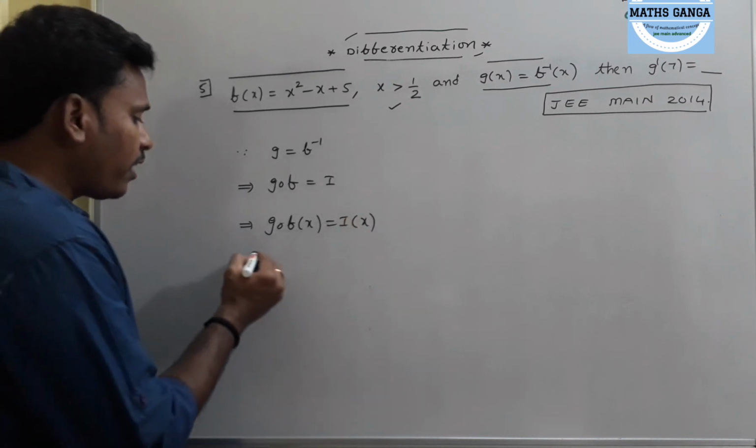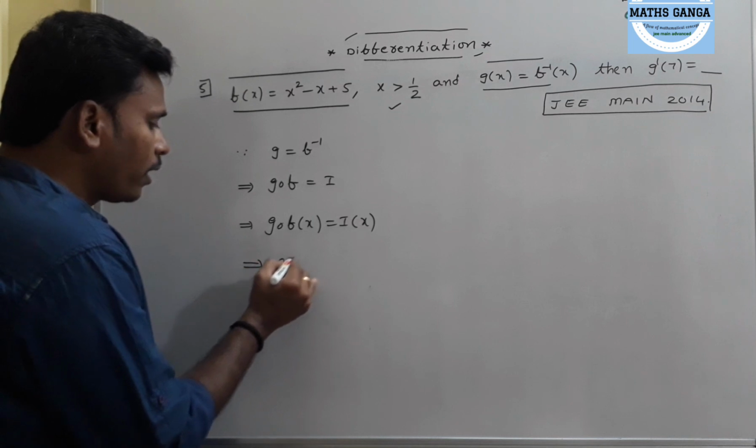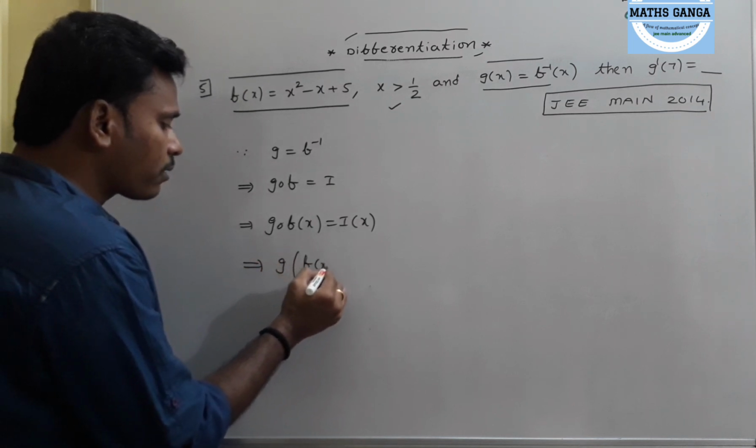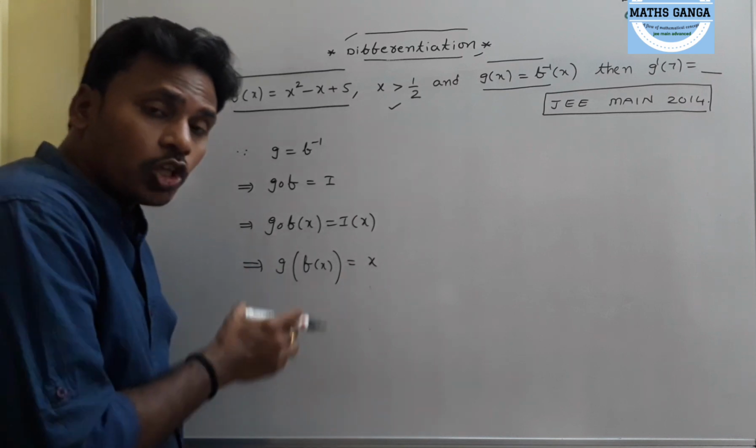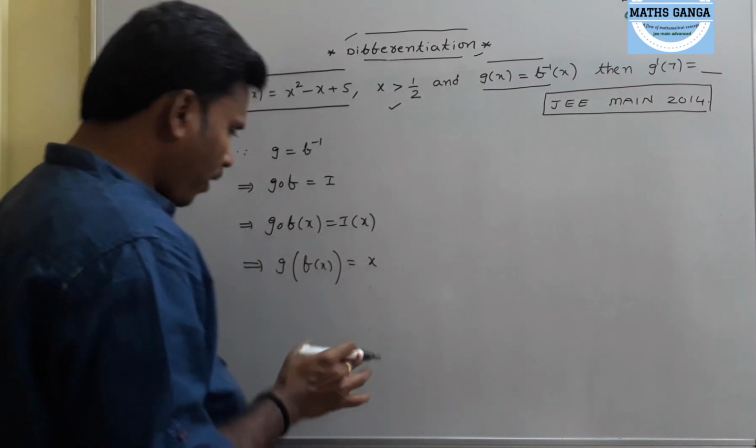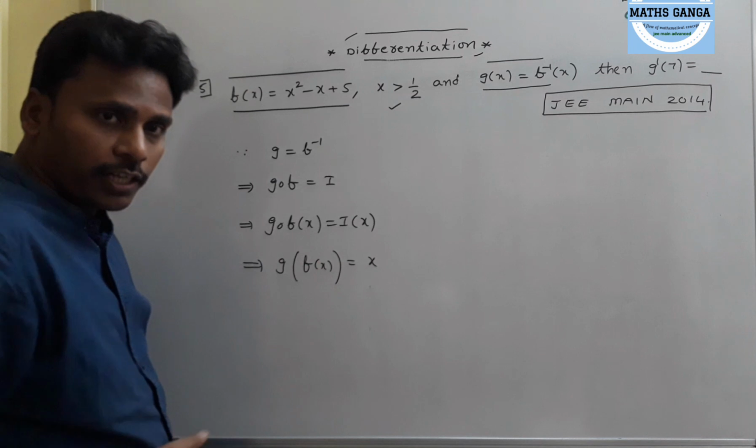And then g circle f of x is nothing but g of f of x, and here the identity of x is simply x. g of f of x is x. Okay. Now you just differentiate with respect to x.